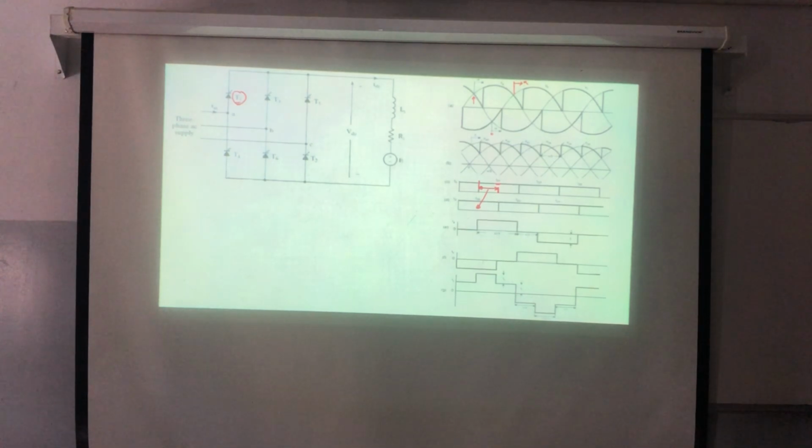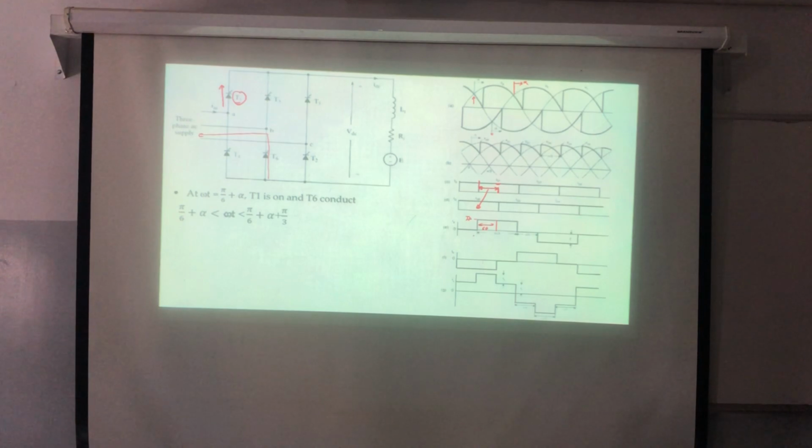T1 and T6. The current will flow via VA, T1, the machine, and return back via T6. Correct? If I'm assuming that the current is ripple free, IA will equal a constant current, a square wave, correct? And this one is 60 degrees, because I will fire each 60 degrees.